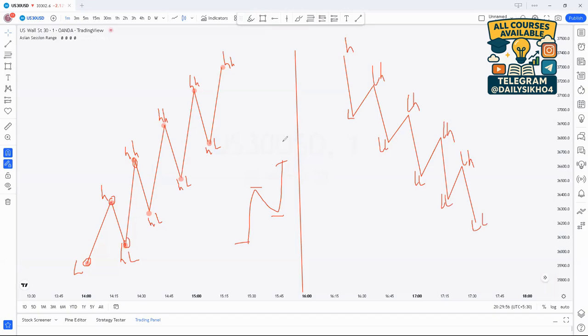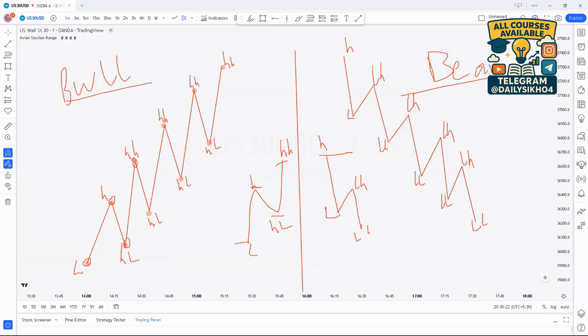Got it? So for a bearish trend, we need high, low, lower high, lower low. Over here in a bullish, we need a low, a high, a higher low, a higher high. That's going to be a bullish structure, and this is a bearish structure.